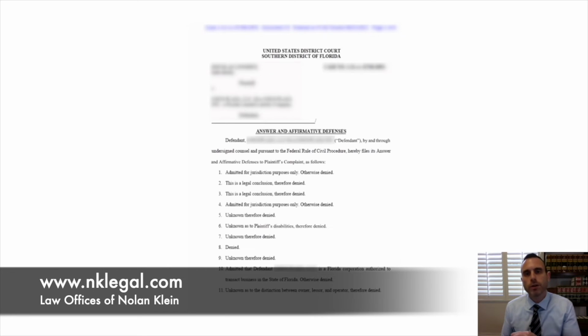If you'll notice, all the complaints that we looked at are in numbered paragraphs, and that's for organizational purposes because when a complaint is answered, the answer also is in numbered paragraphs that correspond to the number of the allegations in the complaint.